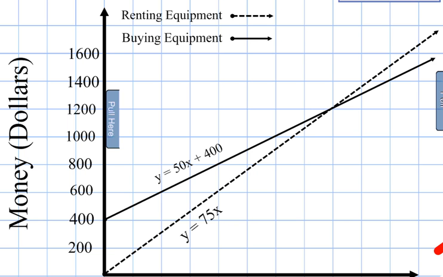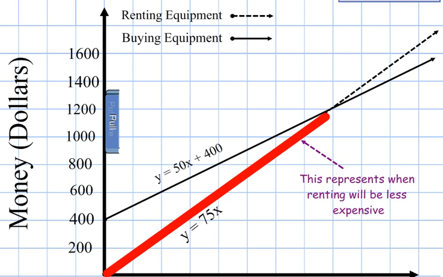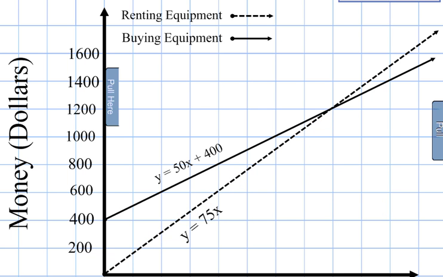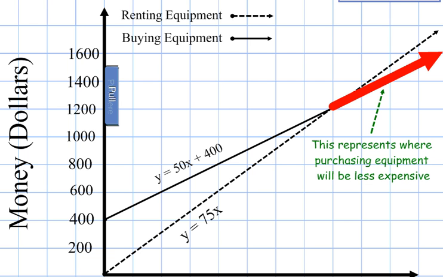So on this page, you'll be able to see that this part of the dashed line shows when renting will be less expensive. We can tell because it is below the buying equipment. And on this page, we can see when buying is cheaper, and that's when the buying line drops below the renting line.